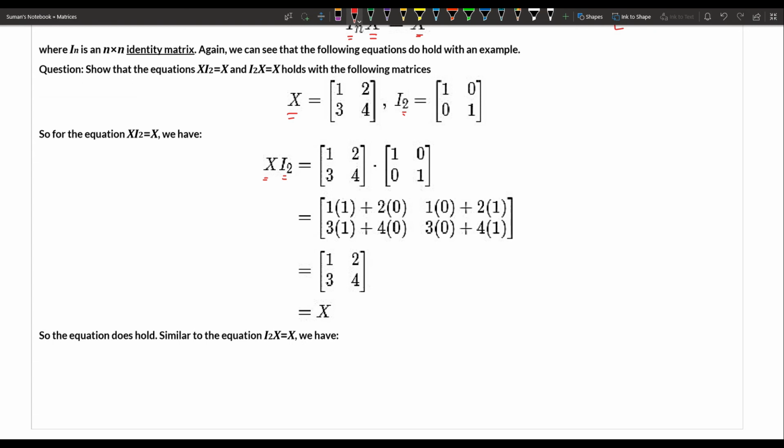So 1, 2, 3, 4 into 1, 0, 0, 1. That gives 1 into 1 plus 2 into 0, 1 into 0 plus 2 into 1, 3 into 1 plus 4 into 0, and 3 into 0 plus 4 into 1. So we get 1, 2, 3, 4, that means the non-zero matrix X itself.